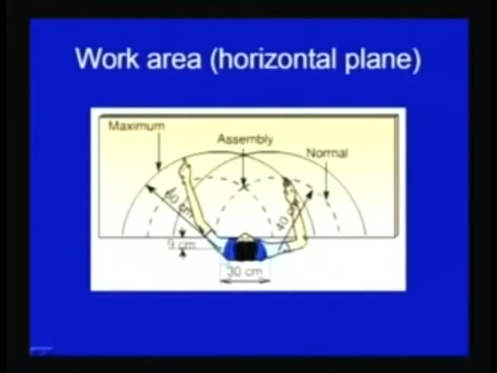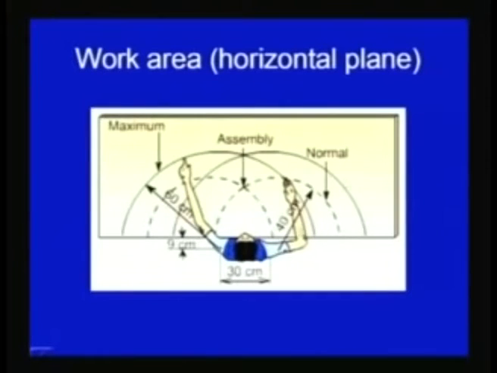It is about 60 centimeters, and when it is fully stretched, this radius indicates the entire area which can be covered when the arm is fully stretched. This area is termed the maximum working area, and this area is the maximum working area for the left hand, and this indicates the maximum working area for the right hand.